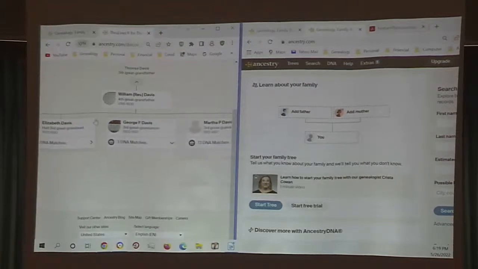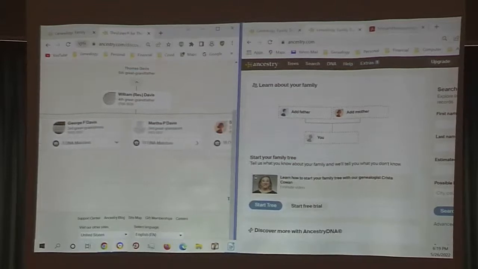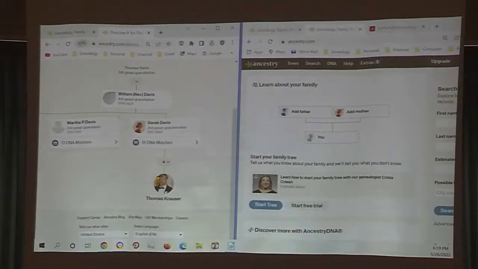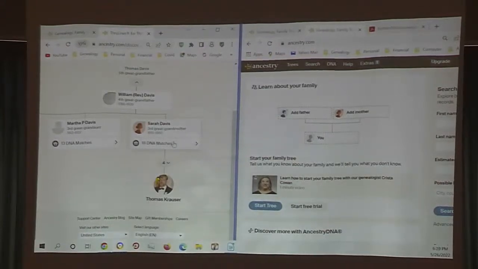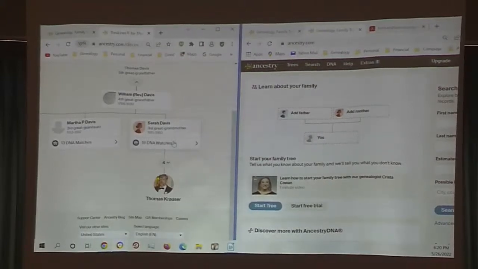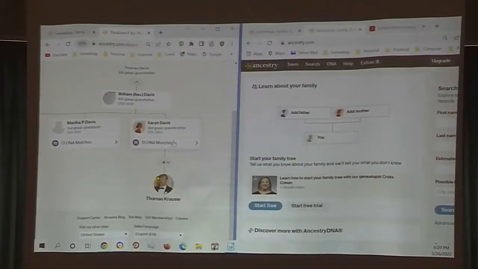That means there are 4 people who match back up to her. And then as you go across, there's 13 there, and if I go across, this is my line down Sarah Davis, and there's 18 DNA matches. What that tells you is that all those people have through lines that come back up to that particular aunt or uncle of that person.